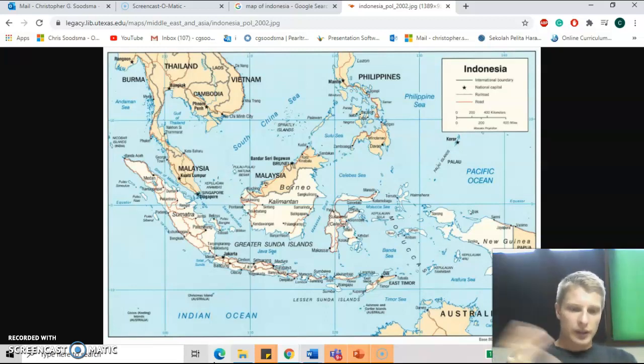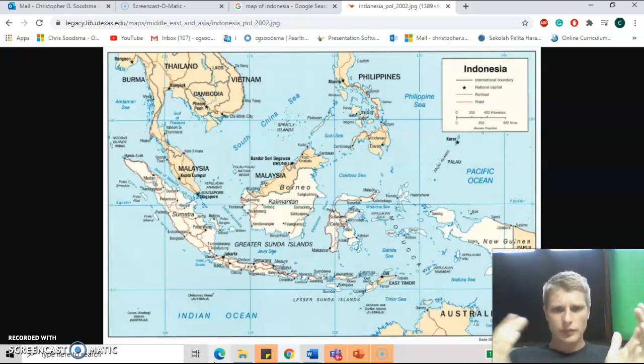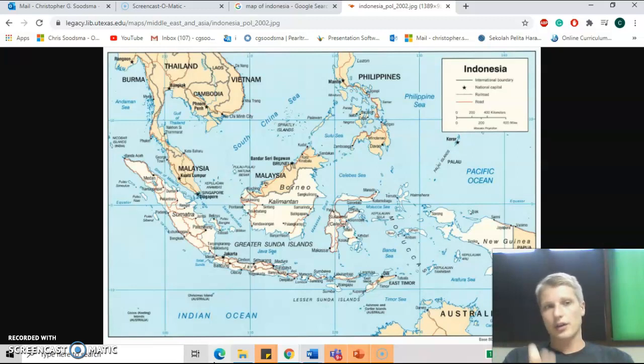So it's about 107 east, and then it's also south by maybe 8 or 7, right? Find the absolute location using the grid. However, here the grid is also the orientation. That's a map for you right now.